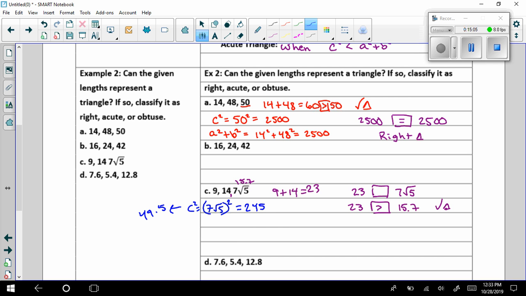So 245, a squared plus b squared is 9 squared plus 14 squared, which is 277. So when comparing 245 to 277, I'm going to use less than, and we talked up here that less than is acute. So this is an acute triangle.